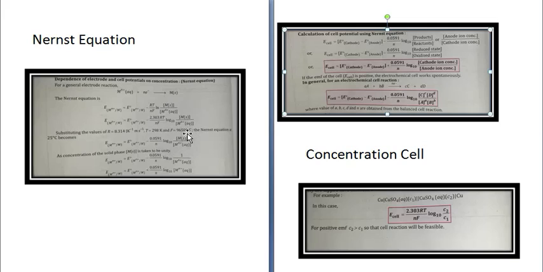Now in this equation, you see what you have done, from log you have changed it to log to the base 10, then this value becomes multiplied by 2.303.